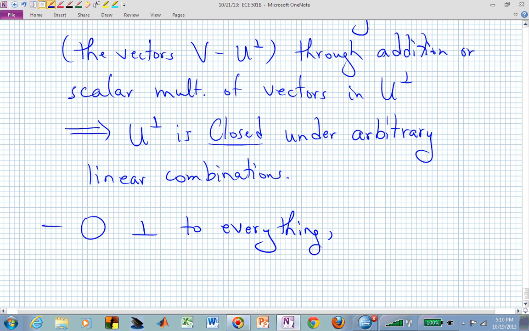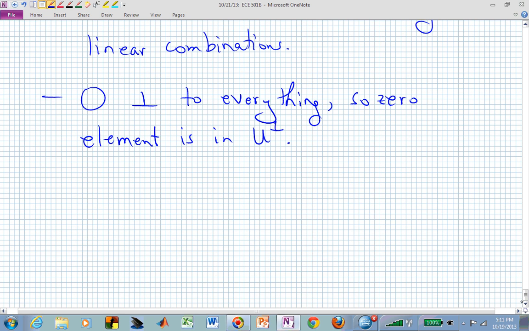The zero vector is perpendicular to everything, and consequently the zero element is also in U perp. So U perp contains the zero element, and any vector or linear combination of vectors in U perp remains in U perp, so U perp is a subspace.